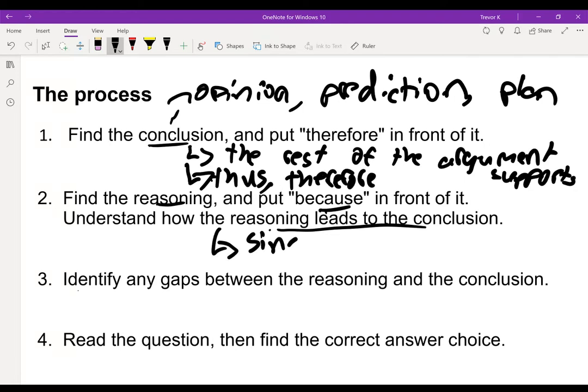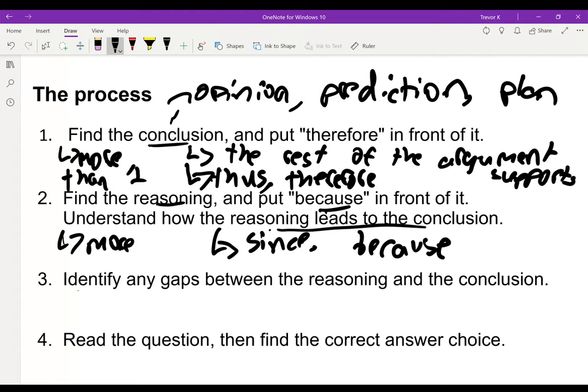Another thing is that for both conclusions and reasonings, in the more difficult questions, there are always more than one. The reason is it just makes things more difficult. So they'll say, this is one person's argument, this is his conclusion, his reasoning, and this is another person's argument, his conclusion, his reasoning.